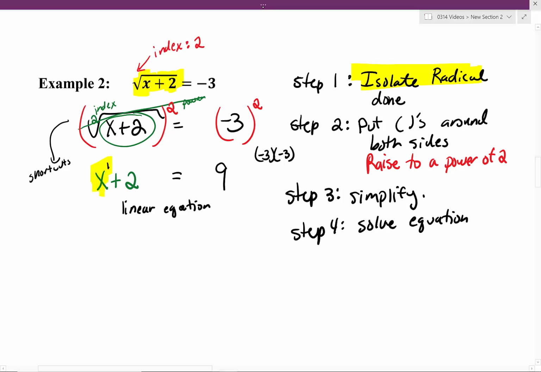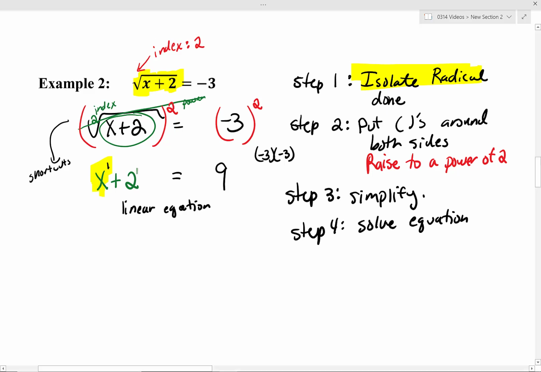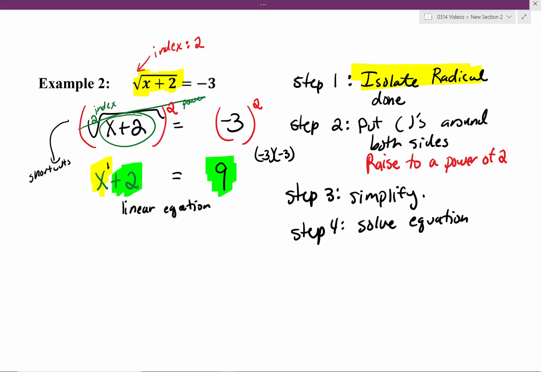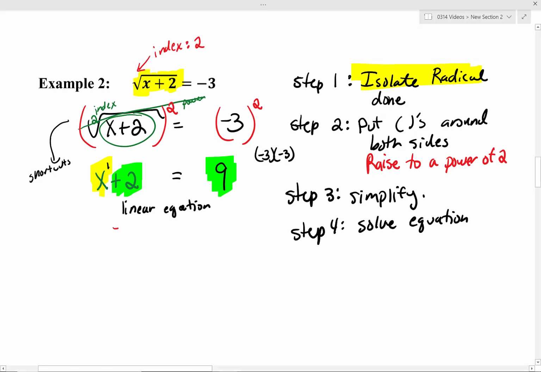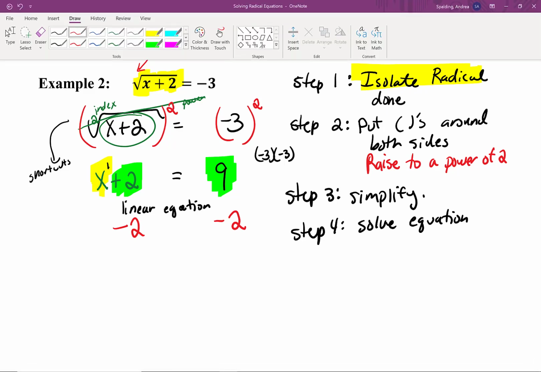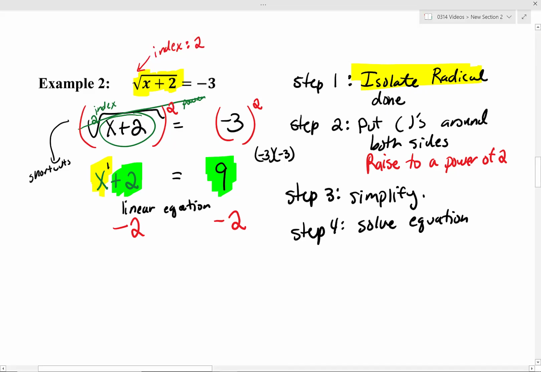We want to get that by itself, and anything that doesn't have an x in it we want to move to the other side. So we want x terms on one side, numbers on the other. In order to do that we need to subtract 2 from both sides. On the left side, positive 2 and negative 2 cancel each other out. We're left with x is equal to.